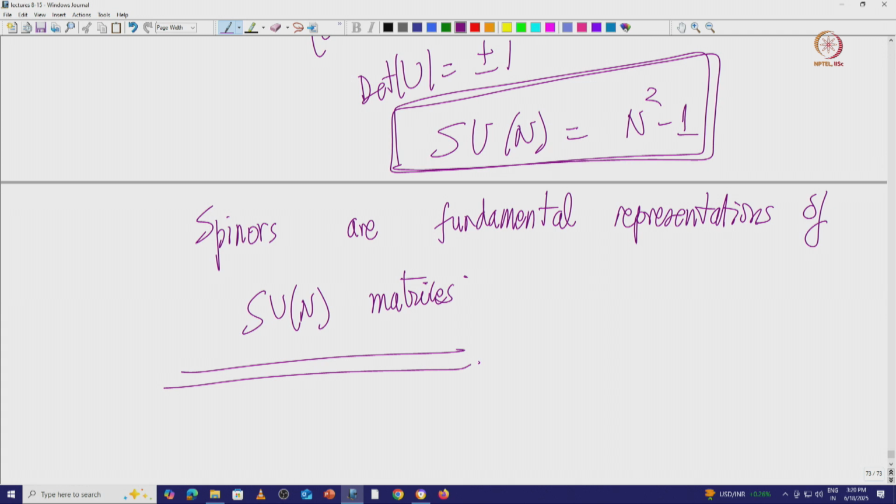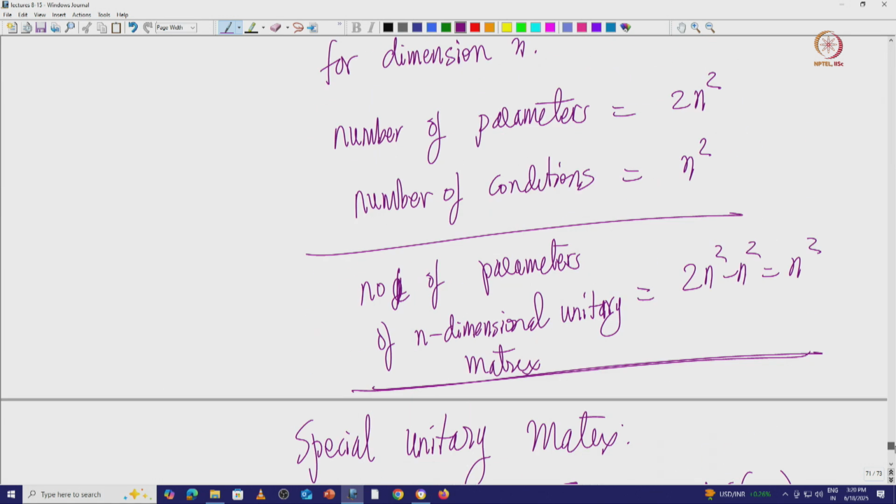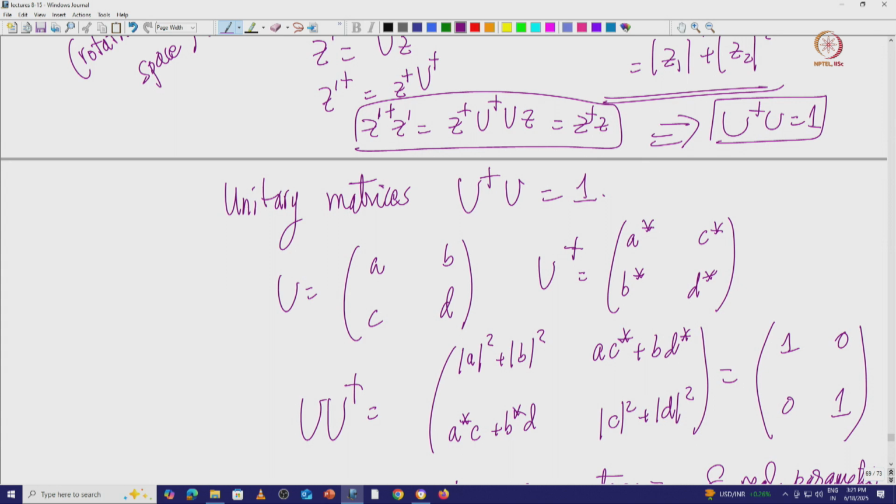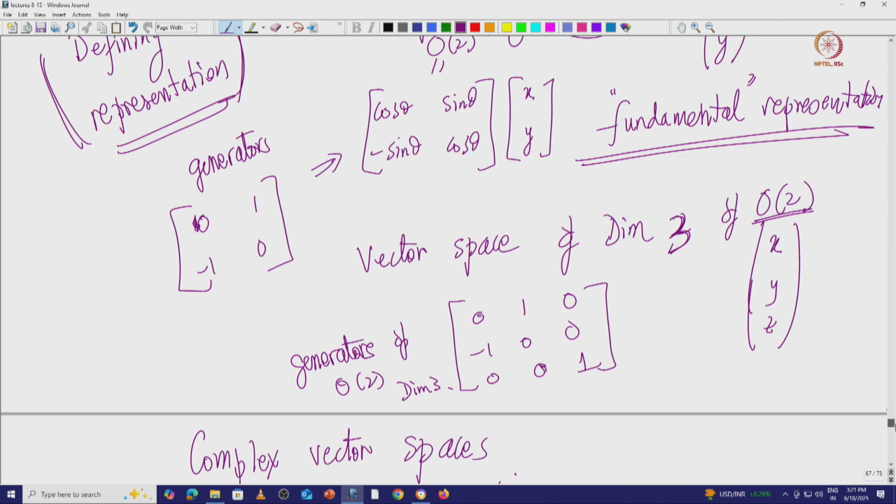So this is the basic idea, essentially. That is why we came all this way to do group theory.